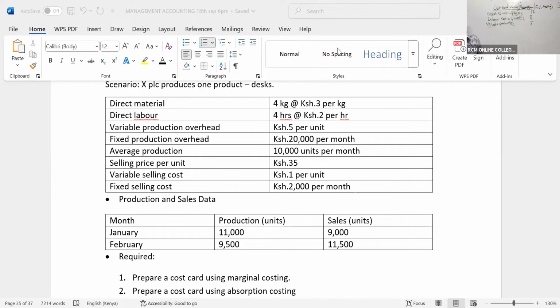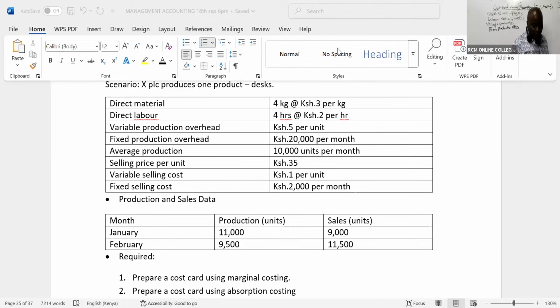So in this case, you must introduce the fixed production overhead.